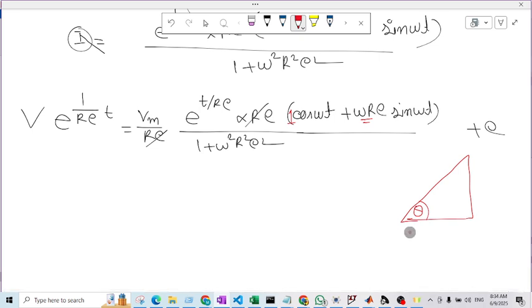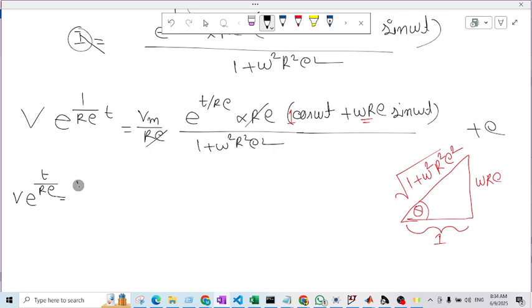If the base of this triangle is 1 and the perpendicular is omega RC, then the hypotenuse will be root over 1 plus omega square R square C square. Okay, so v e to the power t by RC, Vm e to the power t by RC.